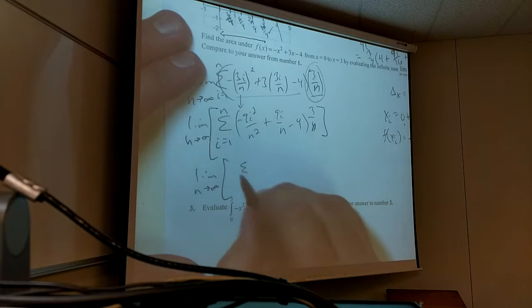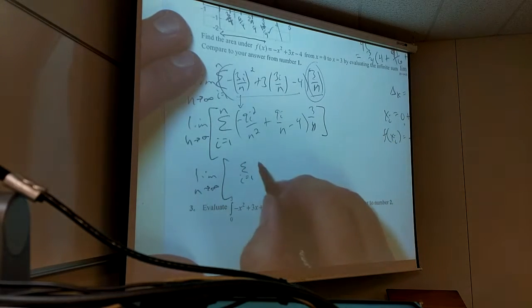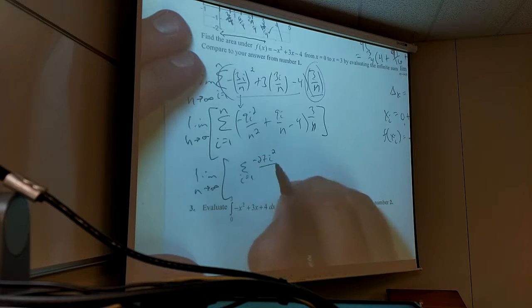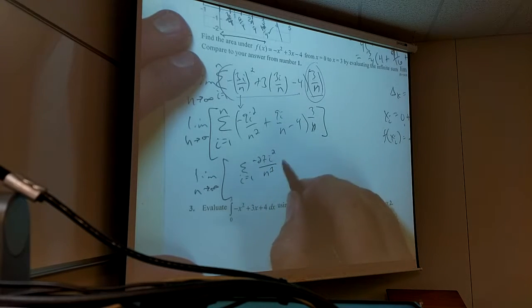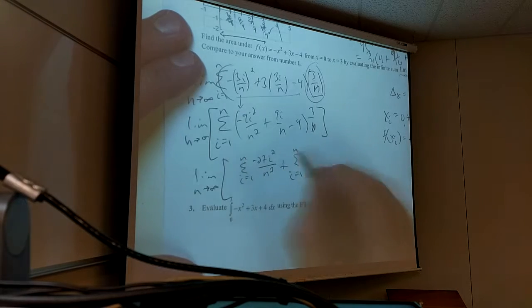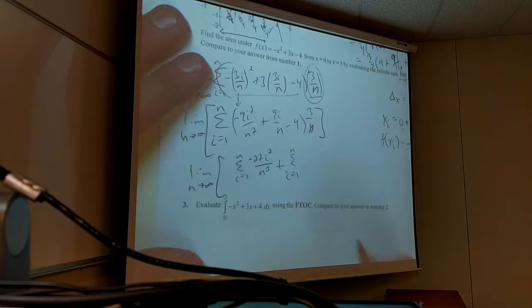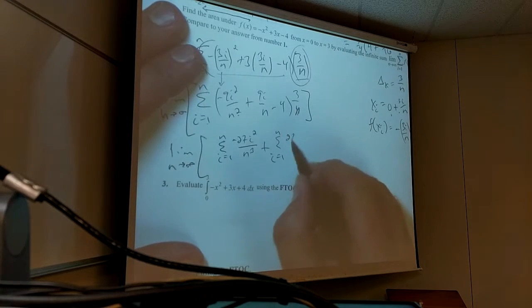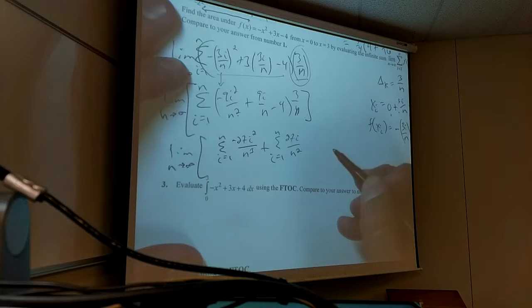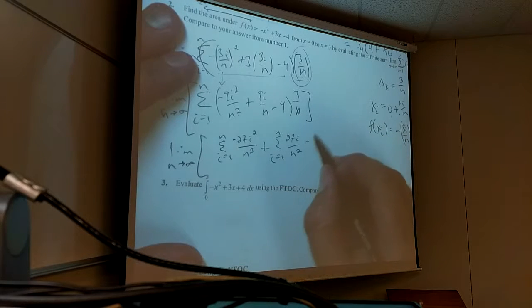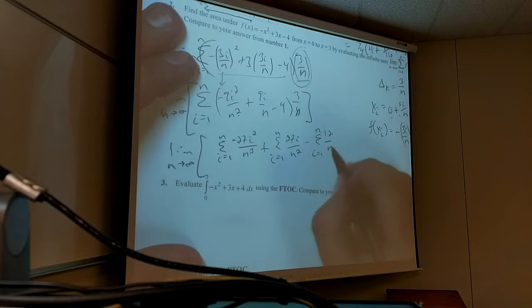Now I can break my sum up and bring the 3 over n in. So this will be negative 27i squared over n cubed plus the sum. See what I'm doing? I'm breaking the sum up and bringing the 3 over n in. Plus 27i over n squared minus 12 over n.